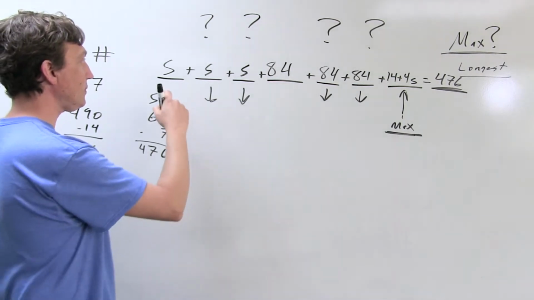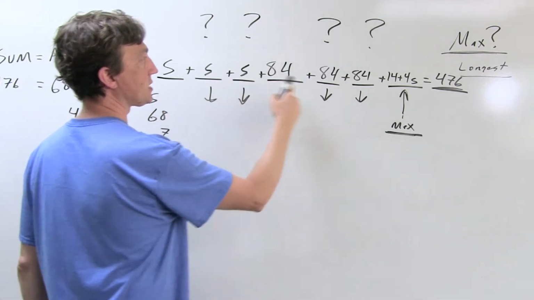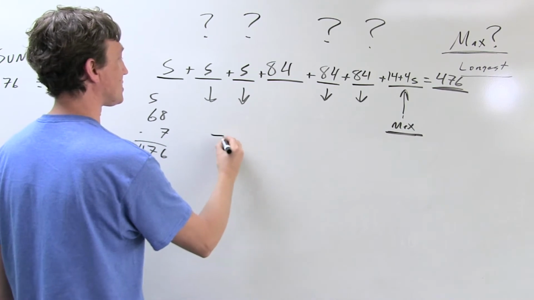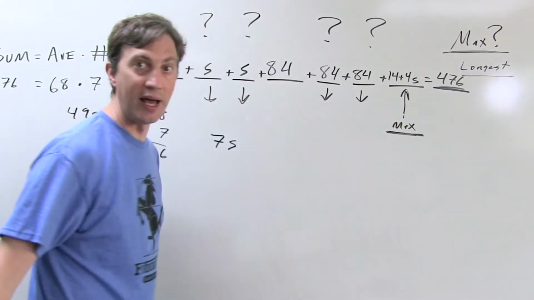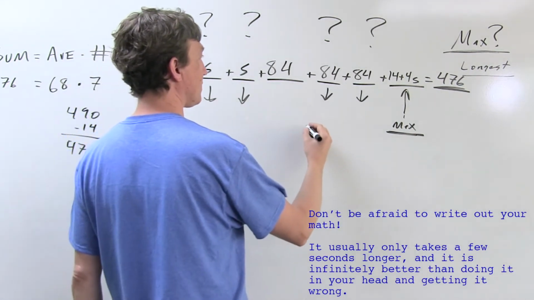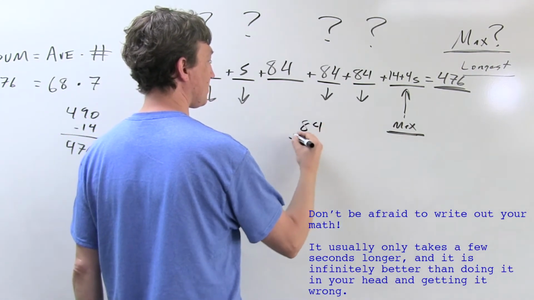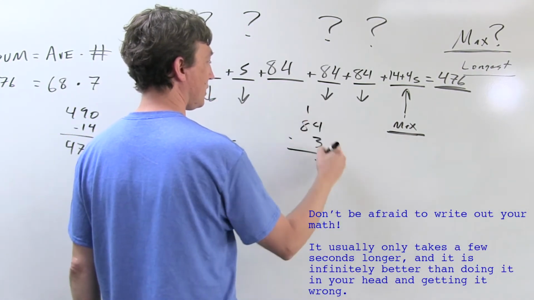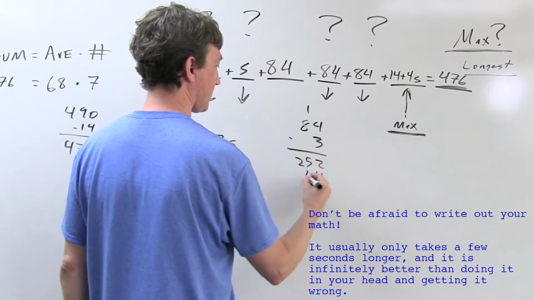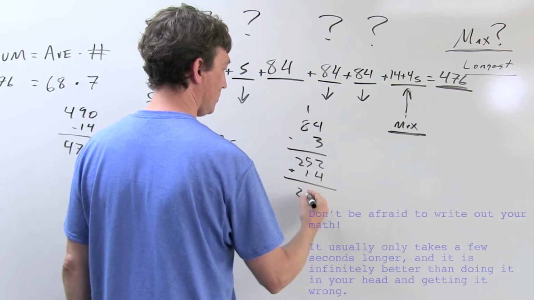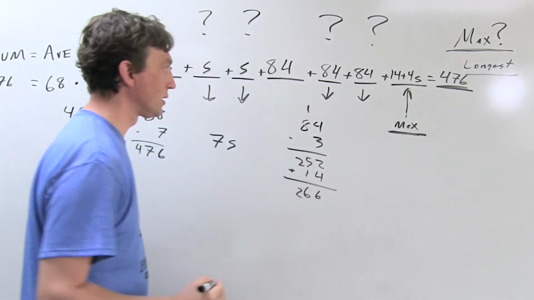solve. S plus S plus S plus 4S looks like 7S to me. 84 plus 84 plus 84 plus 14, I can't do in my head, so I'm going to figure that out. 84 times 3 is going to be 12, 24, 25, plus 14 is going to be 266.